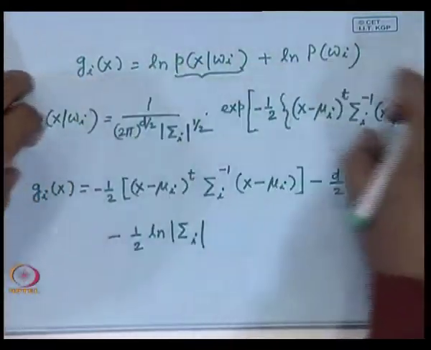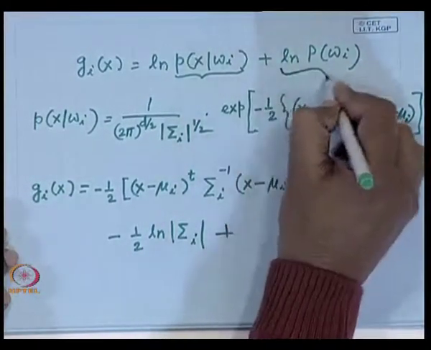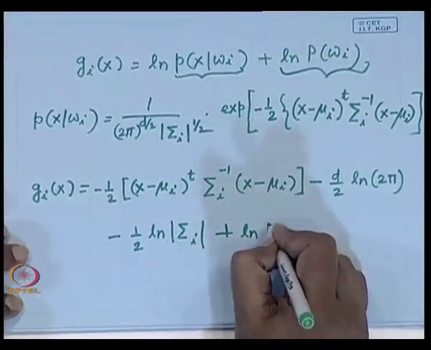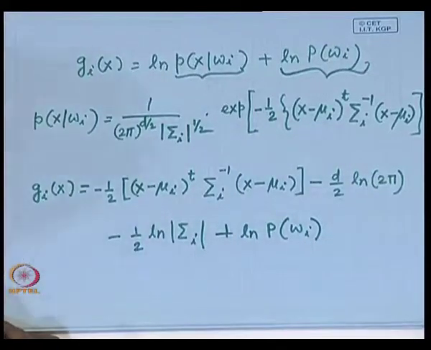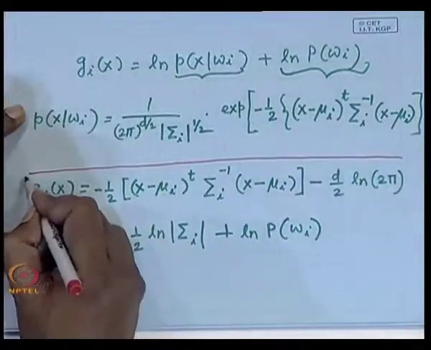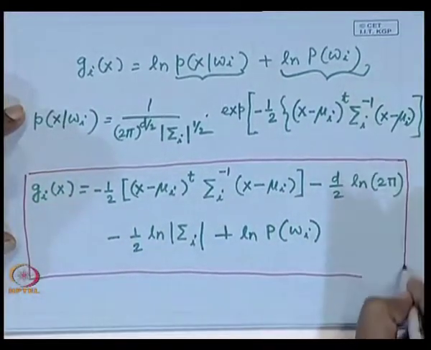So, all the terms of this expression are taken care, plus I have to put this term, which is log of a priori probability p(omega_i). Okay. So, this is the expression for the discriminant function corresponding to class omega_i.